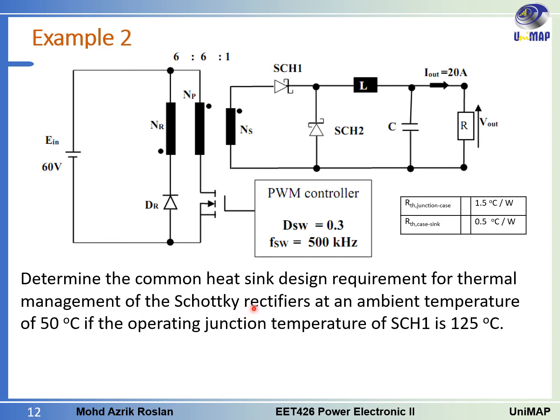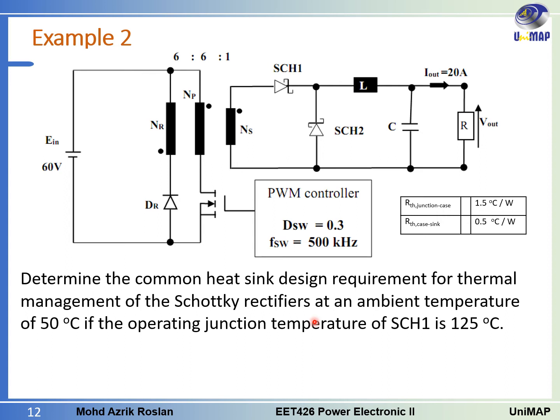In this example, we have the ambient temperature of 50 degrees C. In this question, it already gives you the junction temperature. In the previous one, example 1, you had to determine your own junction temperature.